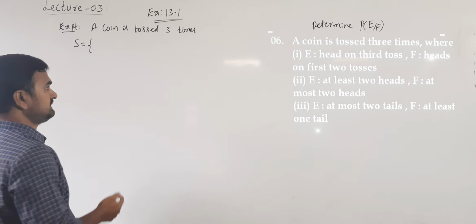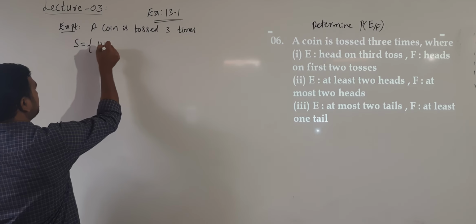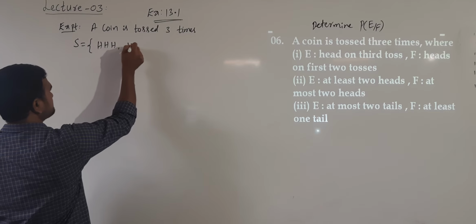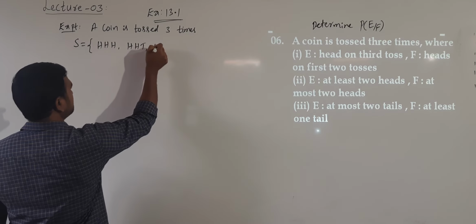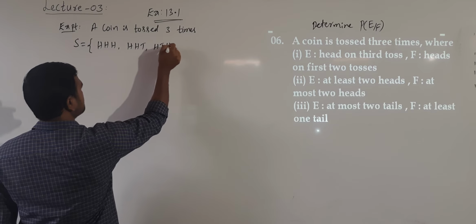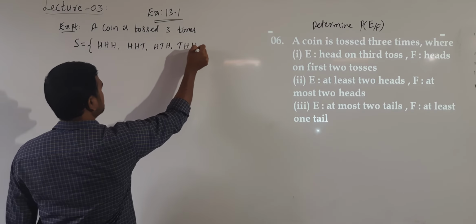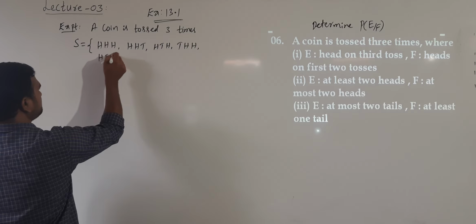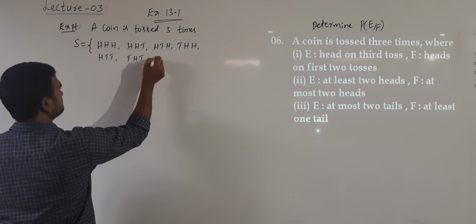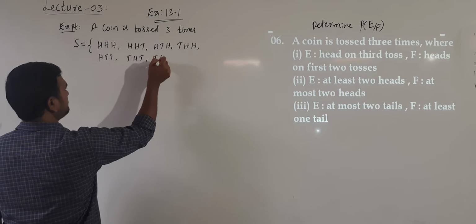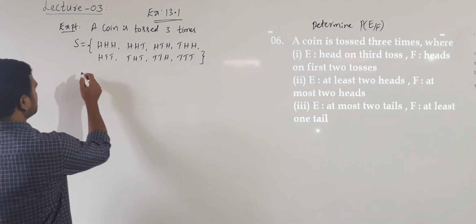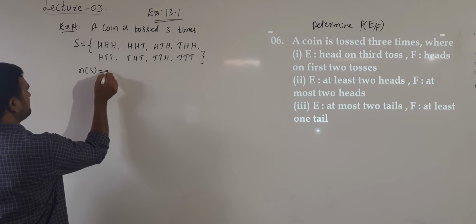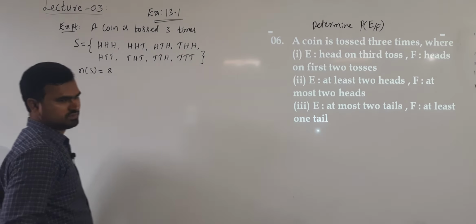Maybe we can get all 3 heads, HHH, or 2 heads, HHT, HTH, or THH. Next, 1 head, HTT, THT, TTH, or no heads. No heads means all 3 are tails. So N of S we know, it is 8.